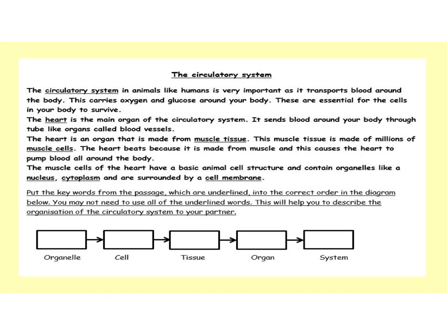Next one then, same kind of thing. Pause the screen, read through it and try and fill in the bottom. Okay, so let's have a look. The heart is the main organ. So I'll just work through it. Heart. It's the main organ made from muscle tissue. So it's going a little bit backwards here, but as you read through, you should be able to fill it in.